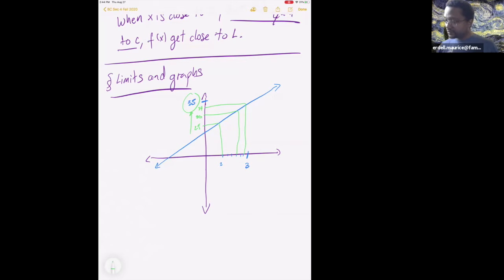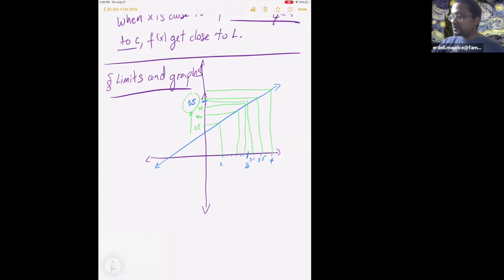Similarly, when I take numbers on the other side, say for example 4, 3.5, 3.1, if I take each of those numbers and plug it into the function, the corresponding y values gave me an answer that was closer to 35.